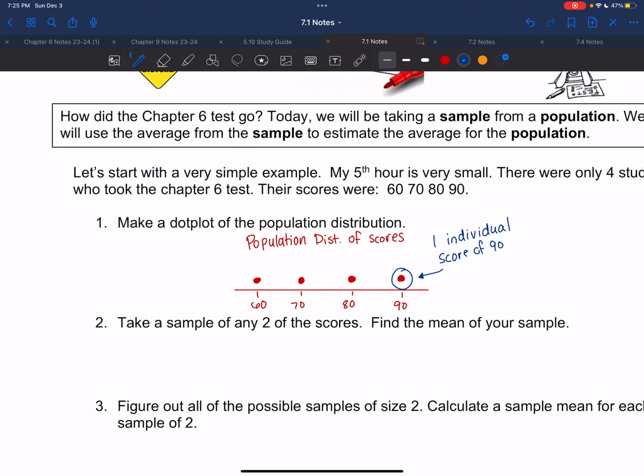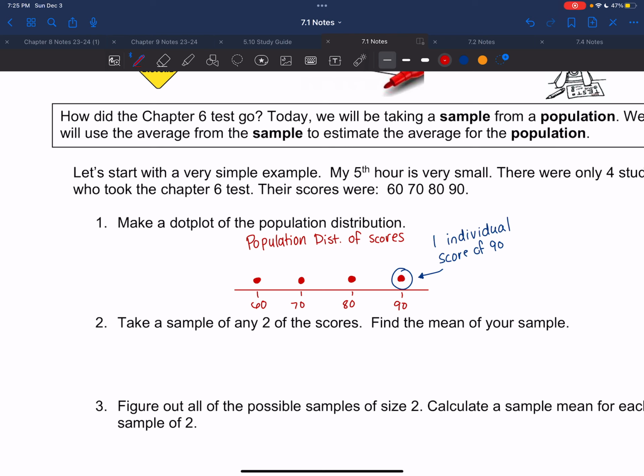Now it's very easy to look at a population of size 4, but typically you're not looking at just a population of size 4. You're looking at populations in the thousands. For example, what if we wanted to take data based on every single student that took the Chapter 6 test across the entire U.S.? That could be upwards of 5 or even 10,000 people.